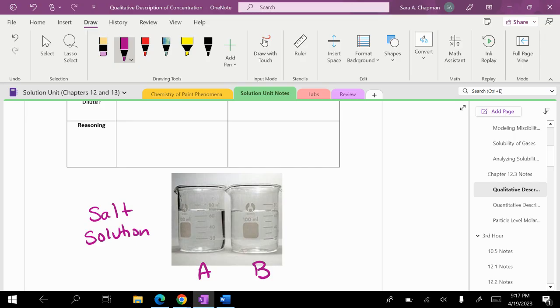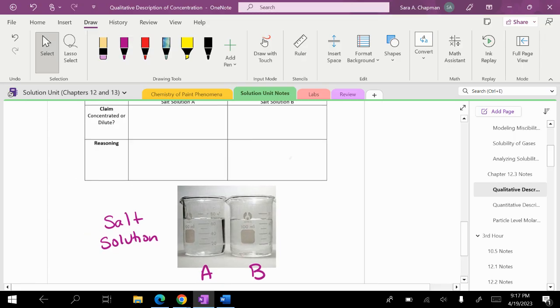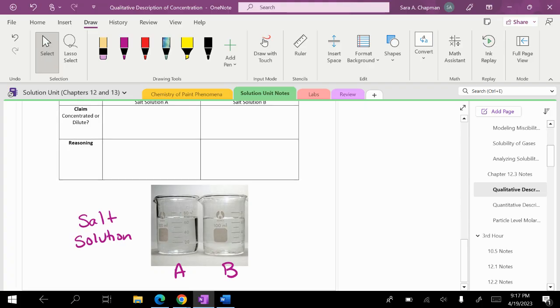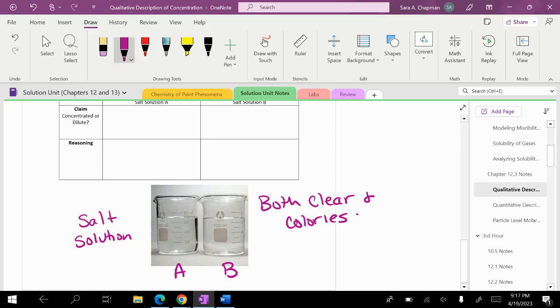Now, if you're thinking that I just asked a trick question, you are correct. Looking at these two solutions, they're both clear and colorless. There's no color to them. So we have no way to know, looking at them qualitatively, which one is concentrated and which one is dilute.